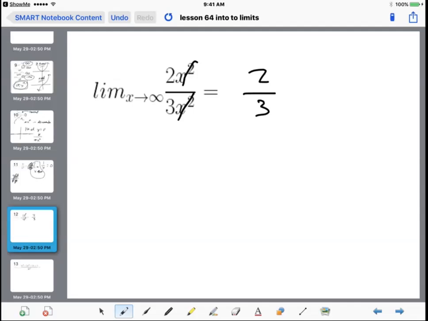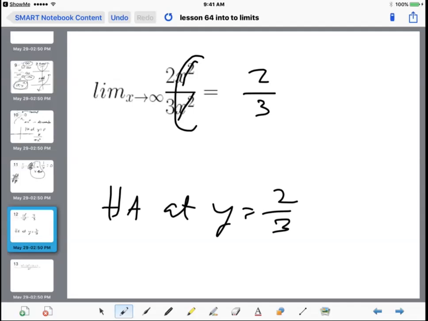You might remember this from the rational graphing: a horizontal asymptote at y equals 2/3, because if the degree of the numerator and denominator were equal, the horizontal asymptote was no longer at y equals 0, but instead was the ratio of the leading coefficients.